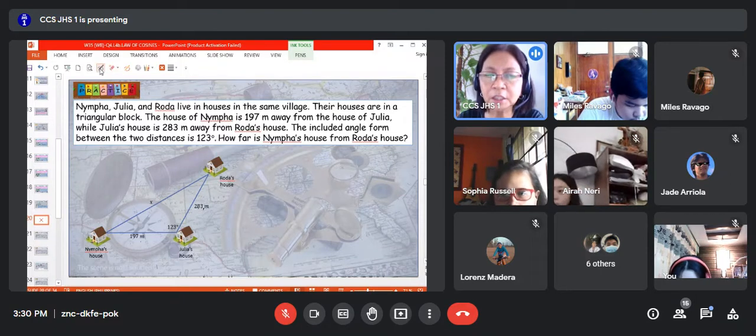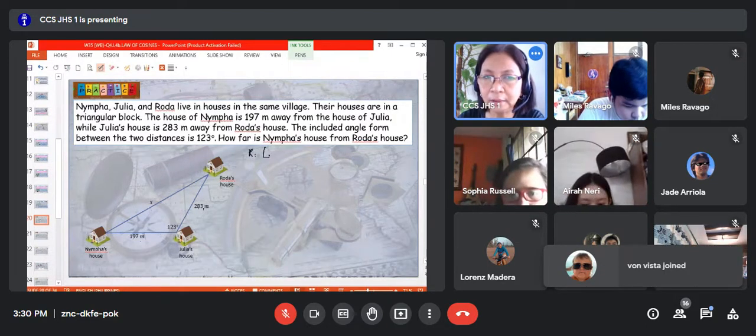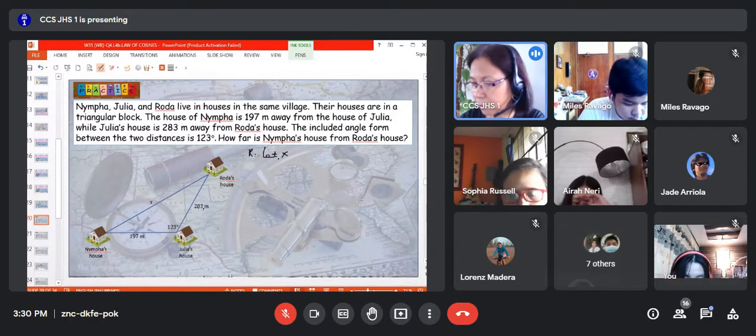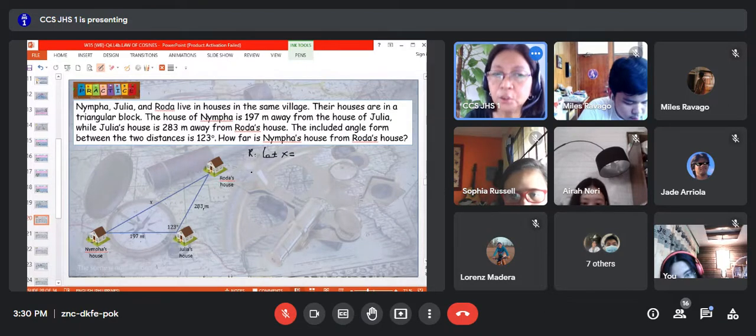Let x be the distance between Nympha's house and Rhoda's house. Okay? Representation. First, let. Then make your statement is equal to. And then next, your solution.